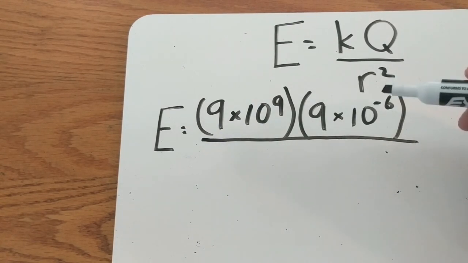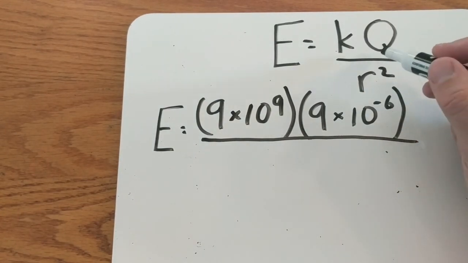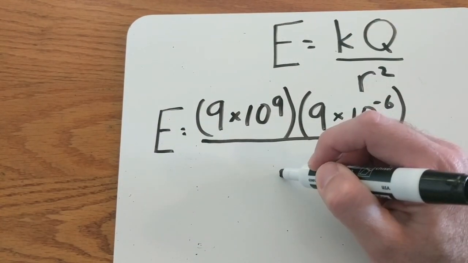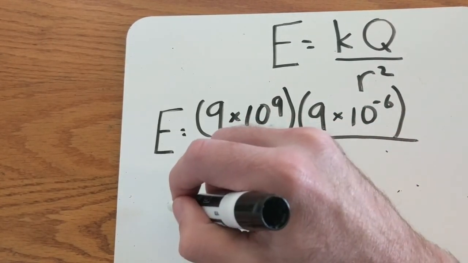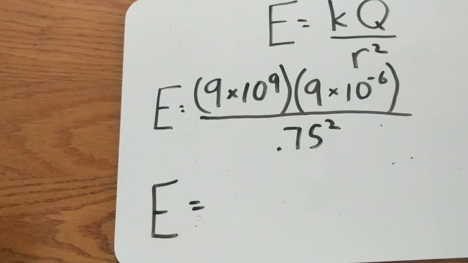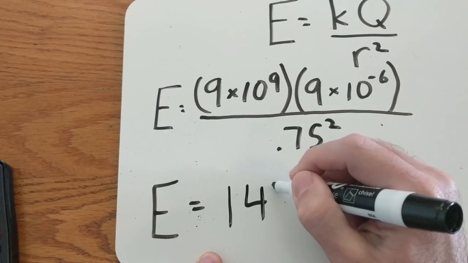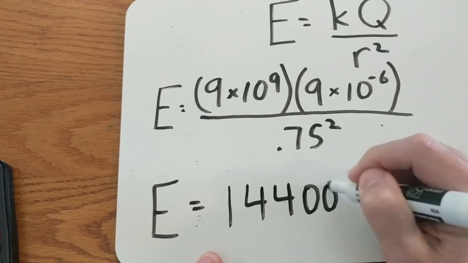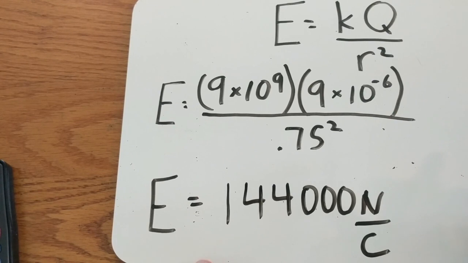All of our numbers in E and M stay as positive, and we do our directions at the end, which I'll show you how to do in a sec. And the distance, this is the electric field made at that spot, which is only 0.75 meters away. That gets squared. We go to our calculator, and we have an answer of 144,123 newtons per coulomb. All right.